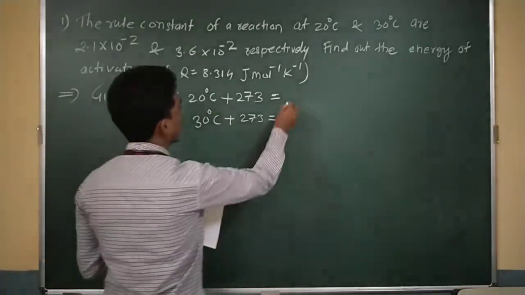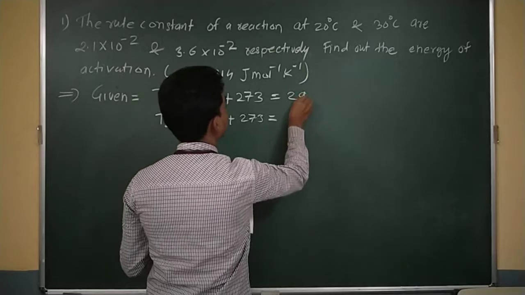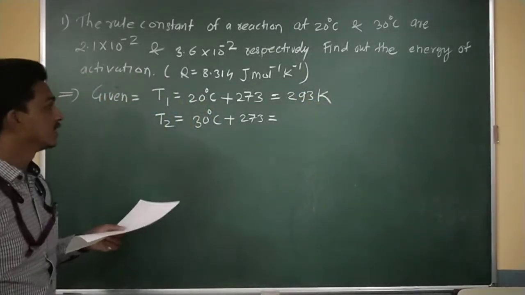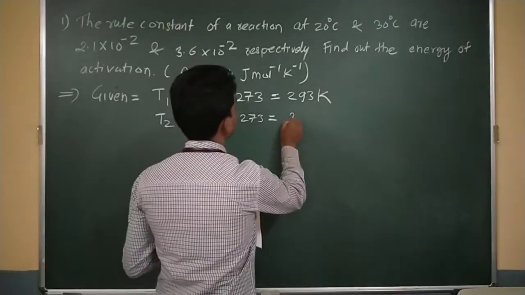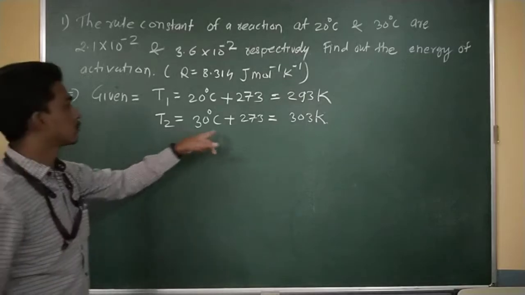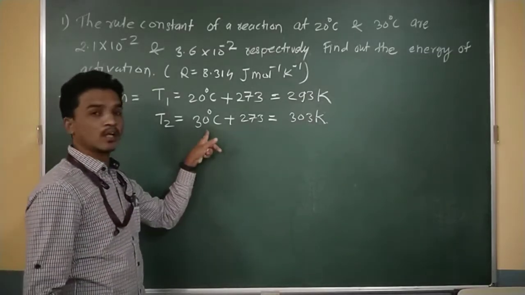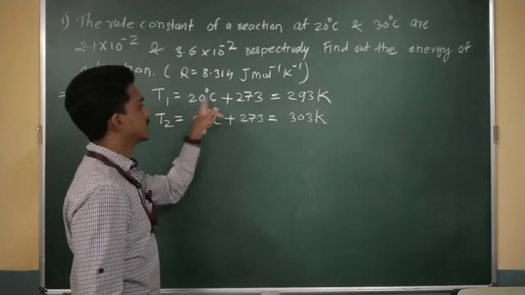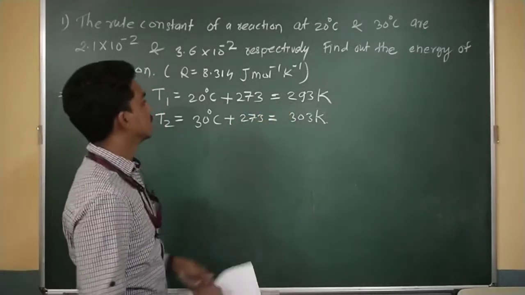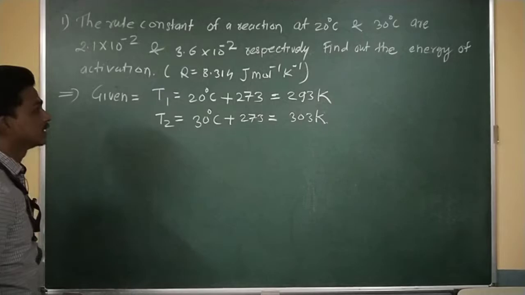After calculations, I got the values of T1 temperature 293 Kelvin and T2 303 Kelvin. This is after calculating 273 plus 20 and 273 plus 30.